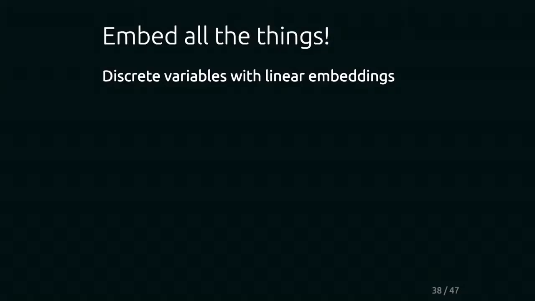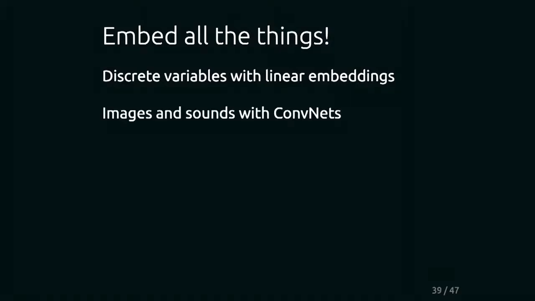Like discrete variables, you can use linear embeddings. Images and sounds, you can use convolutional neural networks. Most of the time, in that case, you would like to use pre-trained convolutional networks. For instance, on the album covers, or on the, as we've seen previously, on the pictures of locations, if you sell travels and so on.